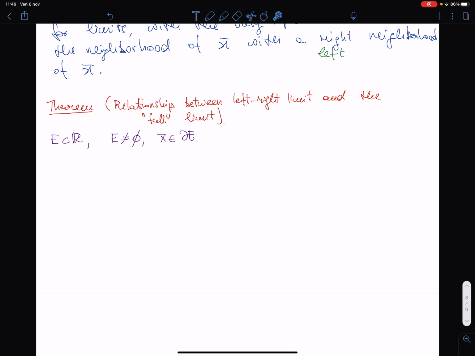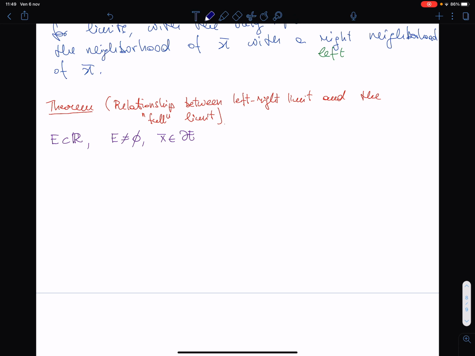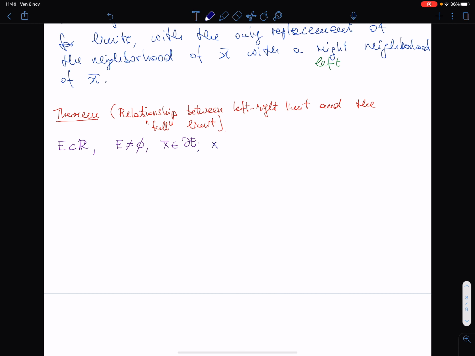X bar is an accumulation point of E, and it is a real point. So X bar is a real point, is not plus infinity or minus infinity, and moreover, I ask X bar to be an accumulation point both from the left and from the right.